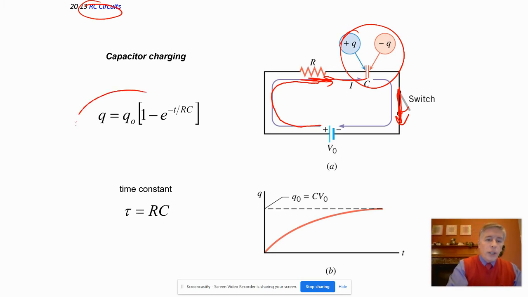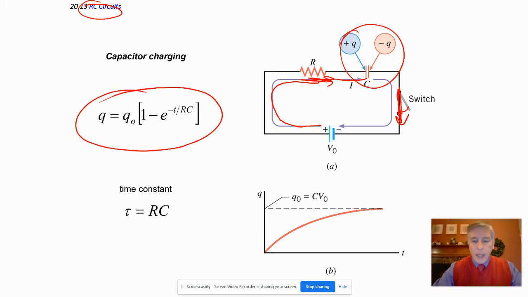And so you end up with this relationship that your charge versus time starts out at 0 and builds up to some maximum. It's heading towards that maximum value, and it has to do with the way the resistor controls the charge being built up.